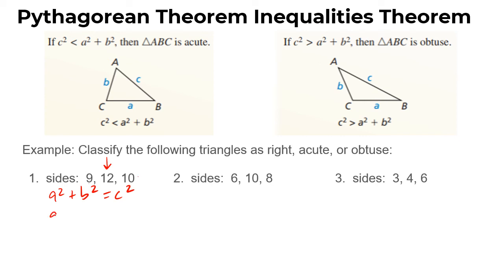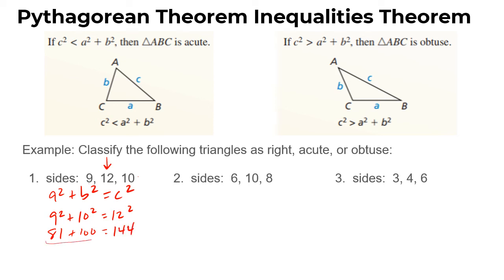So in this case, we've got 9 squared plus our other leg squared of 10, and that's going to equal our hypotenuse squared. All we have to do is solve it and see which side of the equal sign is larger at the very end once we add those two legs together. 9 squared is 81, 10 squared is 100, and 12 squared is 144.